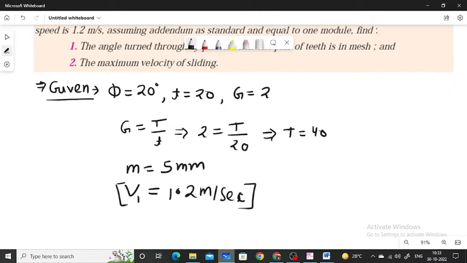Okay, and addendum is one module. And module is given 5 mm, so addendum is 5 mm.